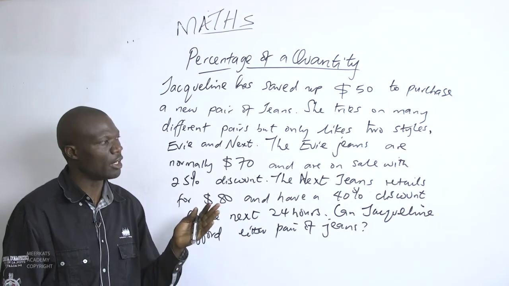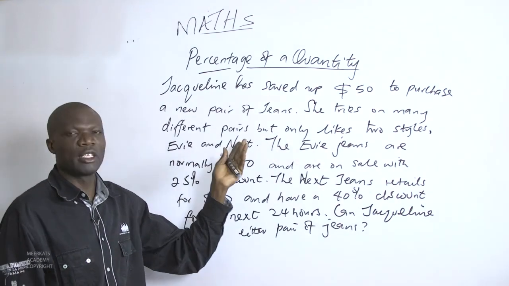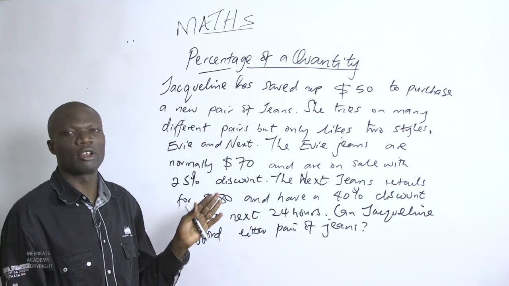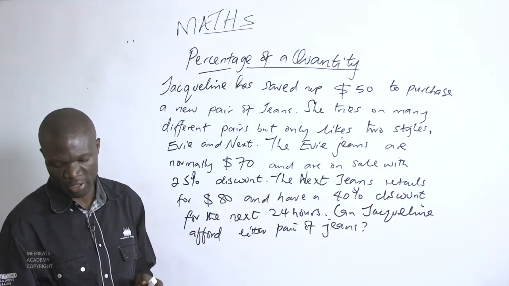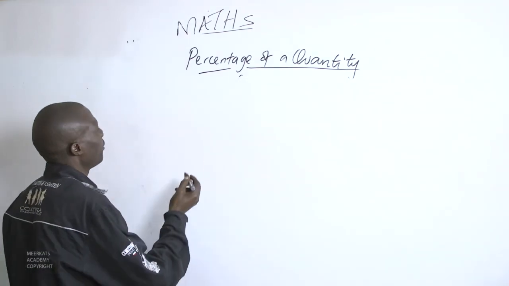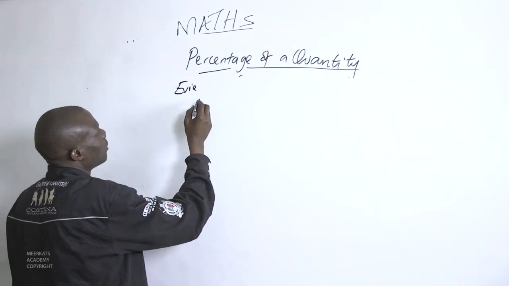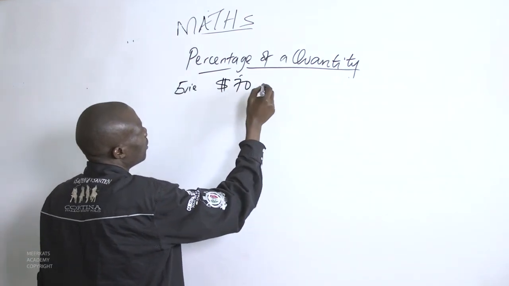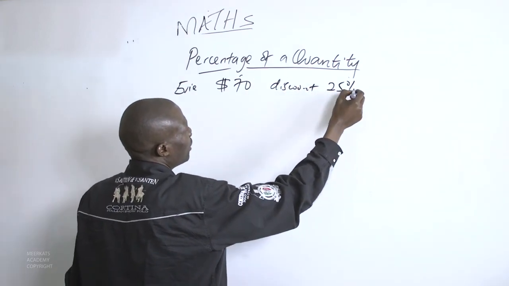So let us look at the solution, and we shall consider each style of jeans, that is the AV and Next, and calculate its amount and see how much we require for each case. Just as a reminder here, we have AV jeans, which go at $70 with a discount of 25%.